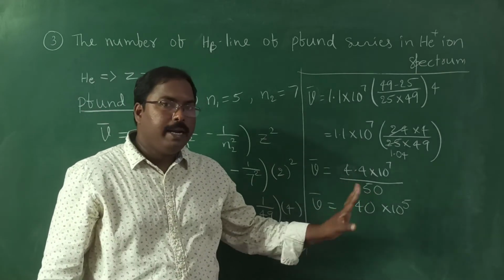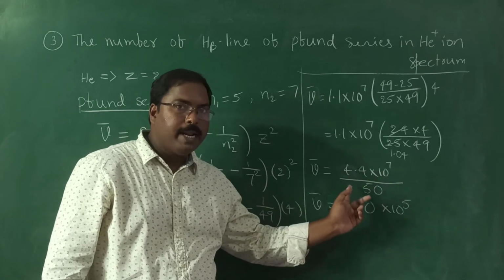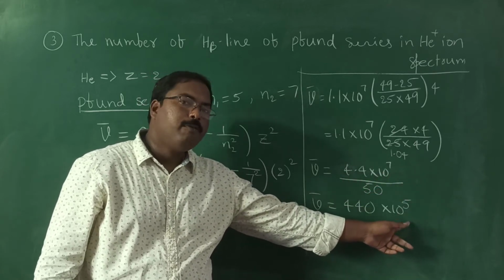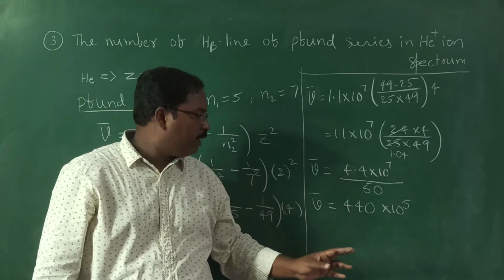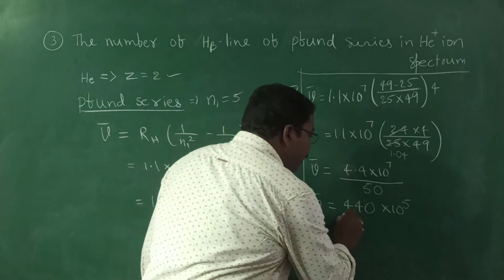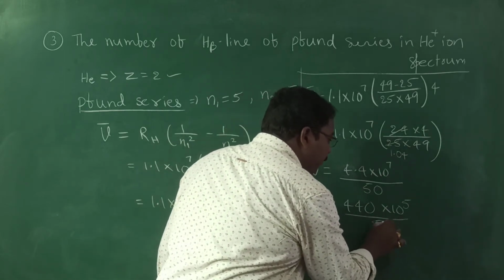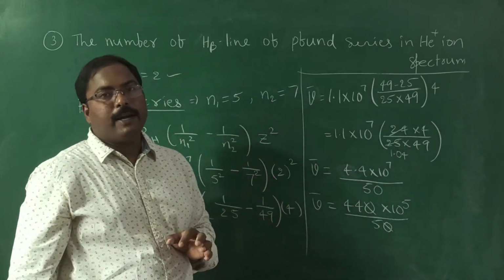Okay? I didn't do anything. 2 decimals I removed. I multiplied. That is why now here I have taken 10 to the power 5. 100 if you multiply, it will become 440. 440 by 50. So 0, 0 gets cancelled. Okay? Now 44 by 5.